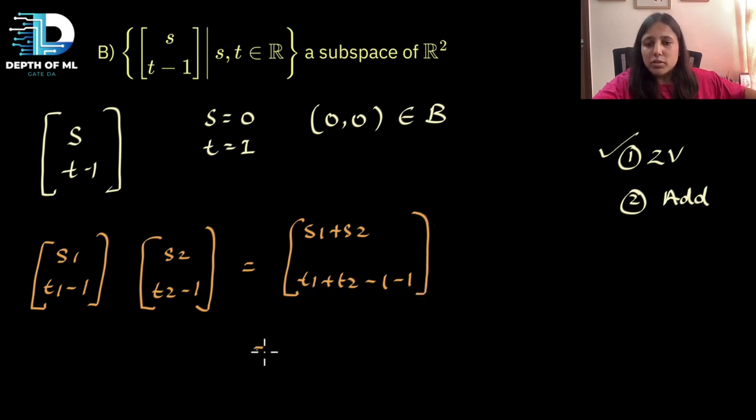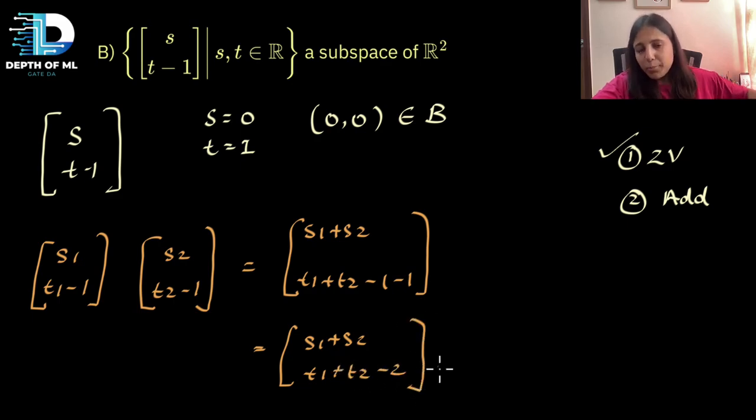Now this is (S1 plus S2, T1 plus T2 minus 2). This is a point where a lot of students can make a mistake. They can say, oh, this is not of the form (S, T minus 1), hence this is not a valid subspace. But that's not correct. You have to check that this form should be made, (S, T minus 1), where S and T are from the real numbers.